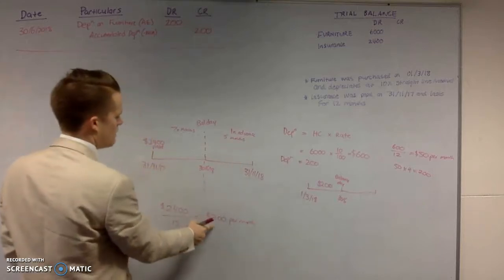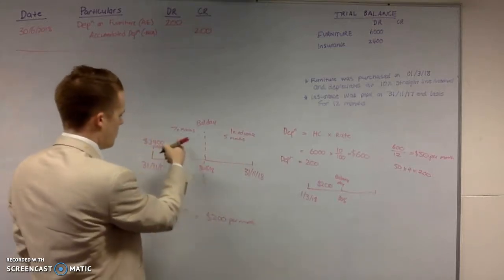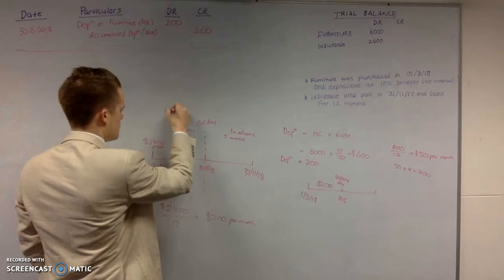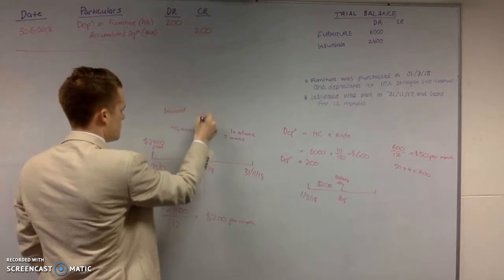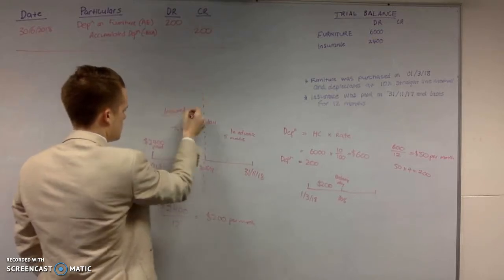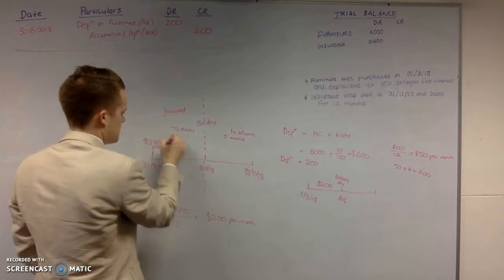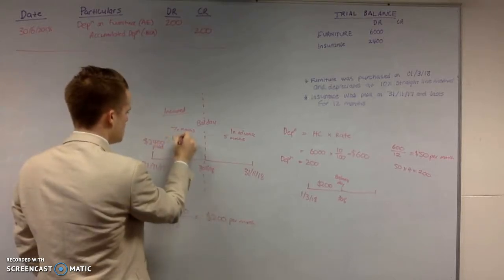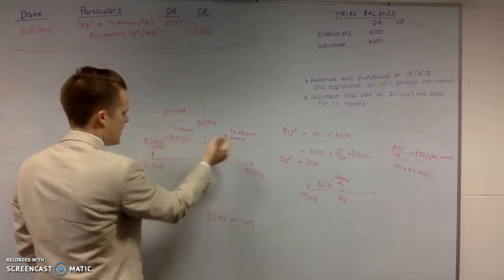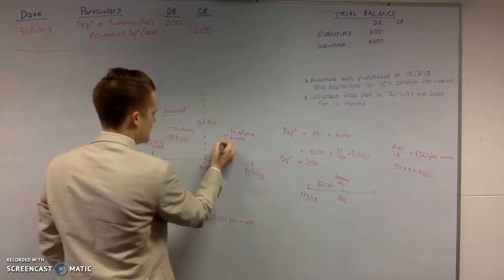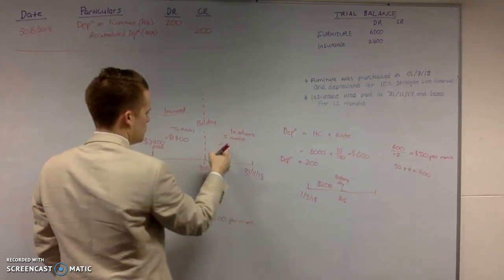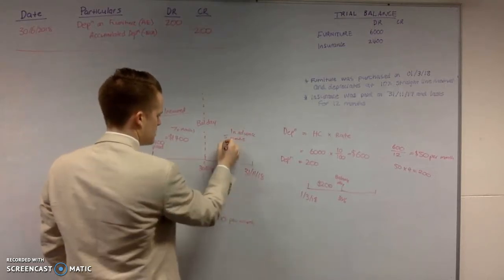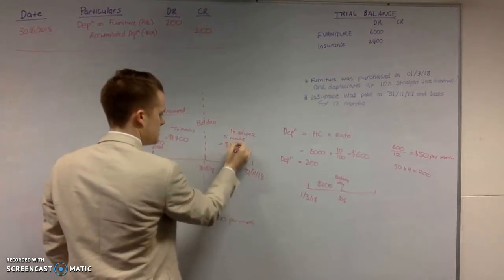Okay? Well, we've got our per month figure, so we can figure out what's been incurred. That's going to be 7 times 200, which will be $1,400. And what's been paid in advance will be 5 months times 200, which will be $1,000.